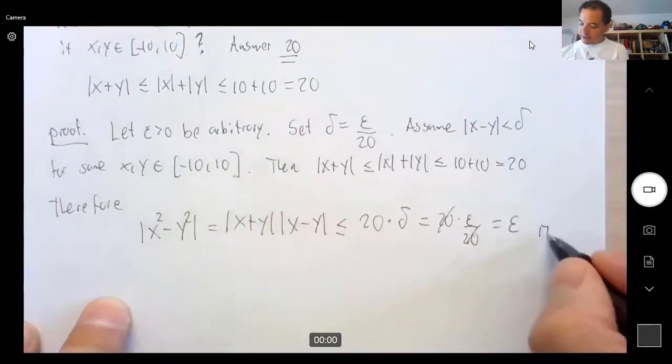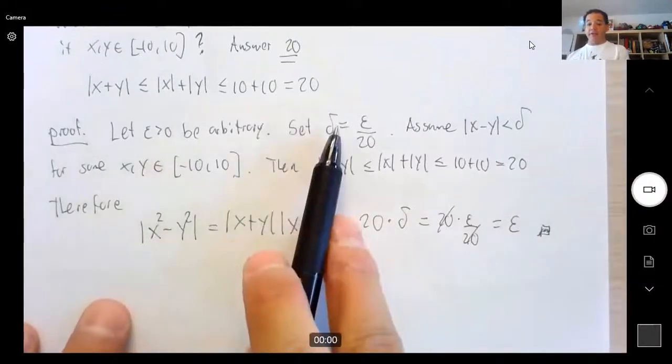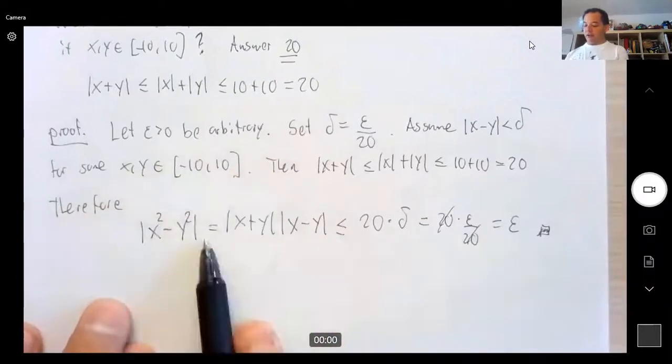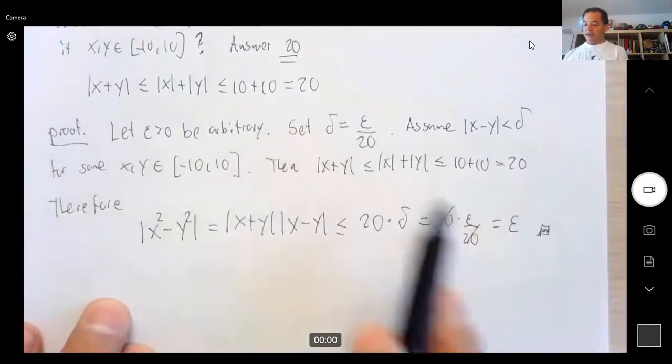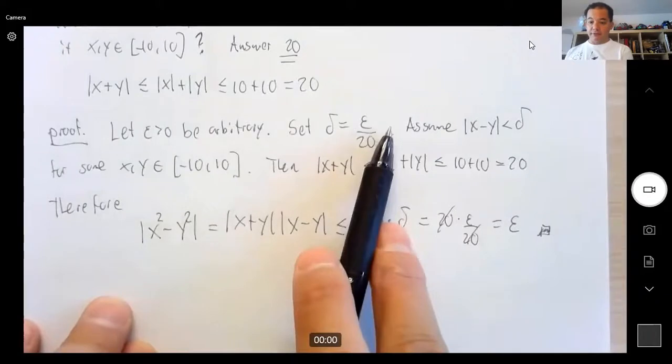So we are done. For an arbitrary epsilon, we found a delta that works for all the points in this interval, and the delta doesn't depend on x and y. The delta only depends on epsilon.